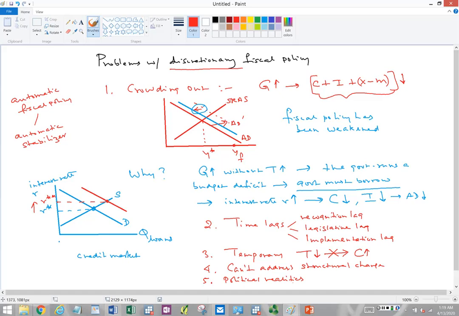Because you're going to have to tell a politician that just when tax revenues are low, now remember, in a recession, the government's tax revenues fall, because as I mentioned, taxes are a share of people's incomes, and people's incomes are shrinking in a recession. So you're going to have to tell the government or the politician to increase spending at a time when tax revenues are shrinking. So it's like asking a guy to go and spend more money just when his paycheck is shrinking, right? Difficult for the government to digest, right?